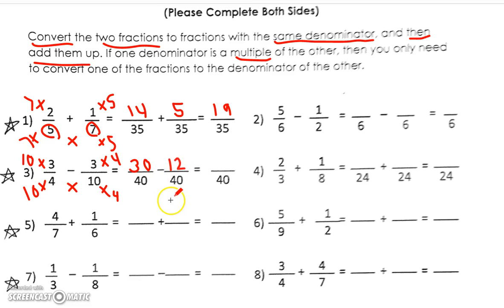So I have 12/40. Again, we keep the denominators the same, so I'm going to keep 40 at the bottom. Now it's as simple as 30 minus 12. That gives me 18. So our answer is 18/40.